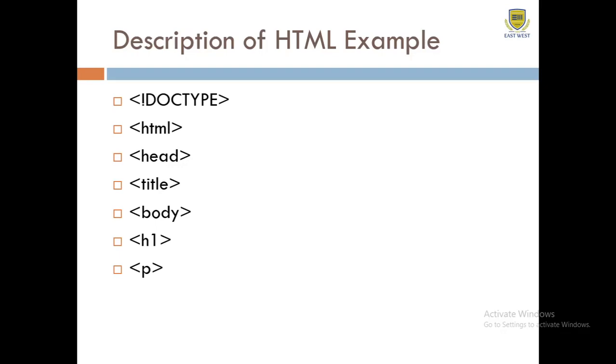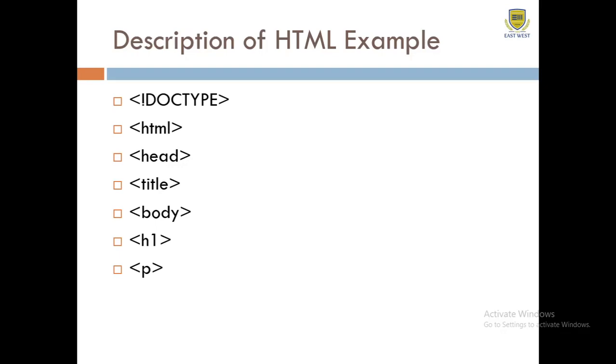Text between the HTML tags describes the web document. It is a container for all the other elements of HTML except the doctype. Because the doctype is outside the HTML, whatever content is within the HTML opening tag and the closing tag, the doctype will not come inside that.